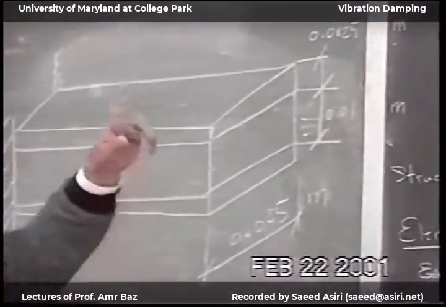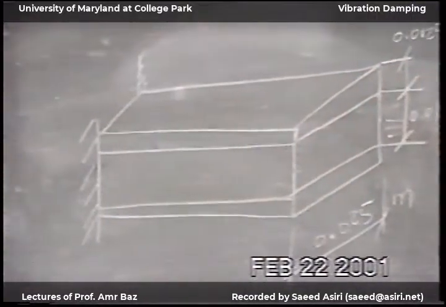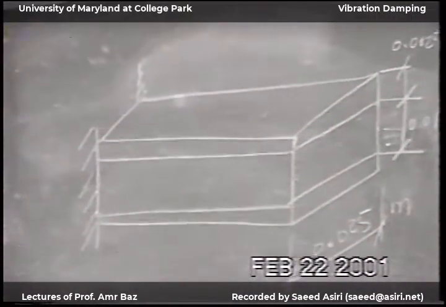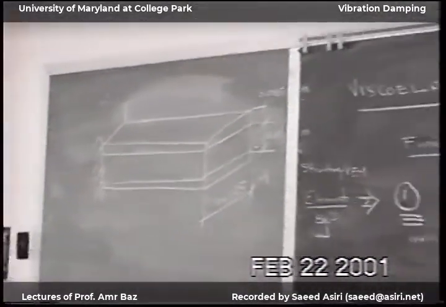So now I can calculate the area. The area is the thickness times the width.